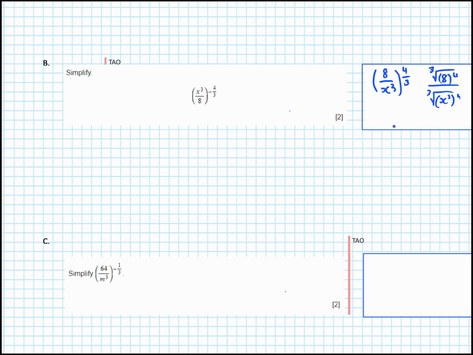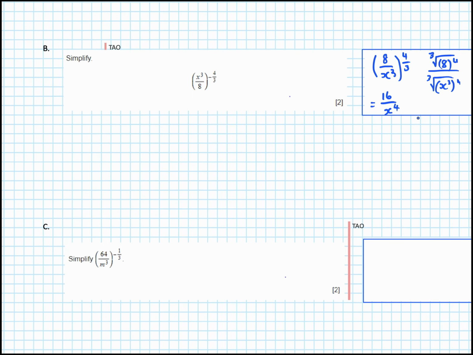What's the easiest route for you? Maybe find the cube root of 8, which is 2, and then 2 to the power of 4 is 16. You kind of find your own way of doing these sometimes. So investigate it yourself. And the same with the basis, x to the power of 4. That's our answer there.